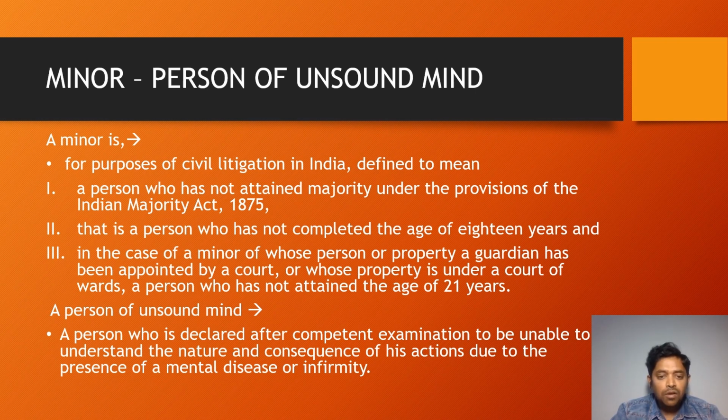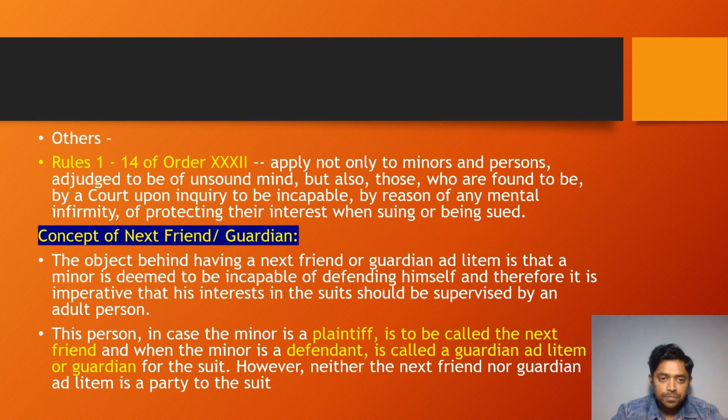And in case of a minor for whose person or property a guardian has been appointed by a court, or whose property is under a court of wards, a person who has not attained the age of 21 years. A person of unsound mind is a person who is declared after competent examination to be unable to understand the nature and consequence of his actions due to the presence of a mental disease or infirmity.